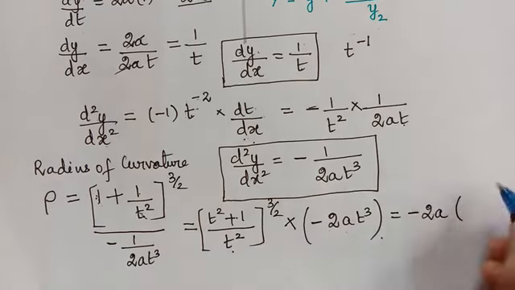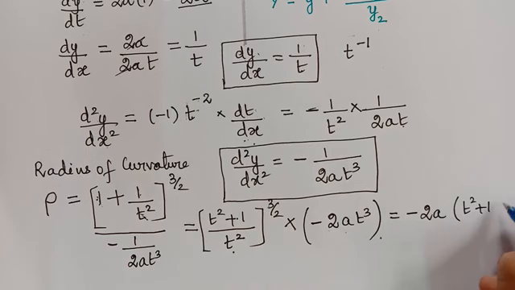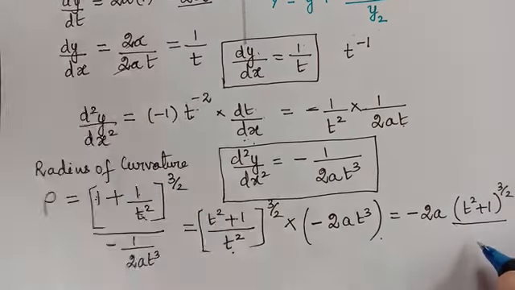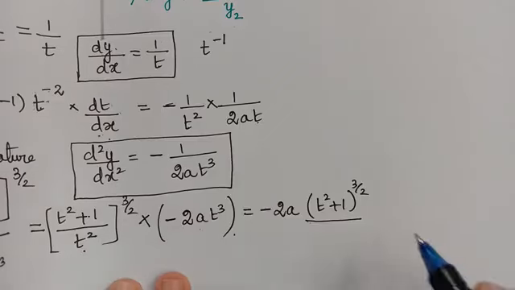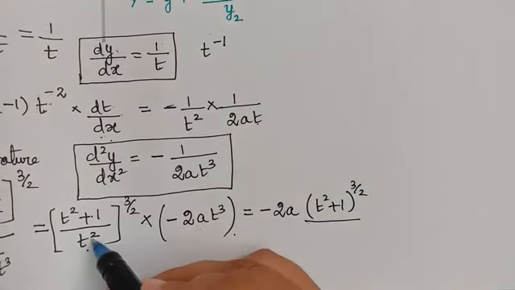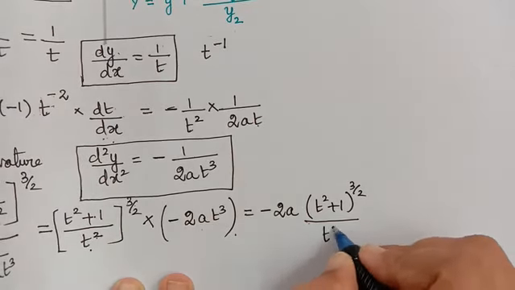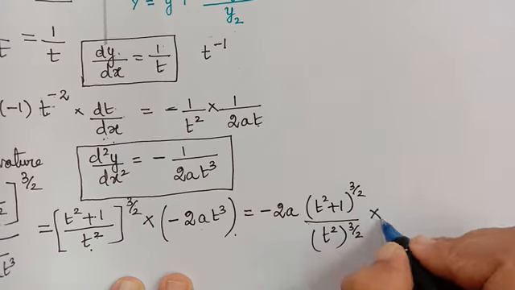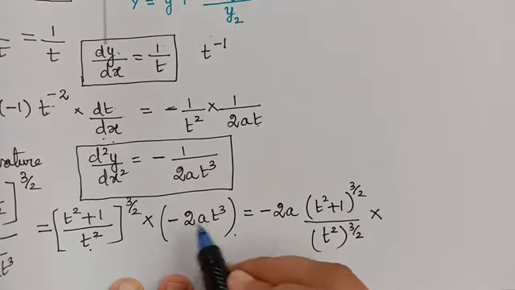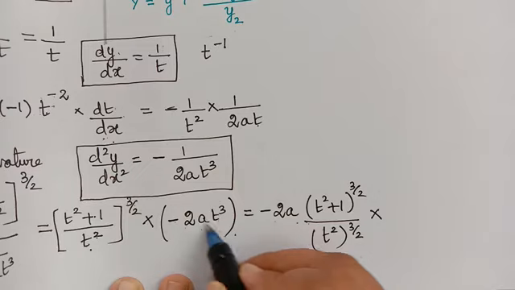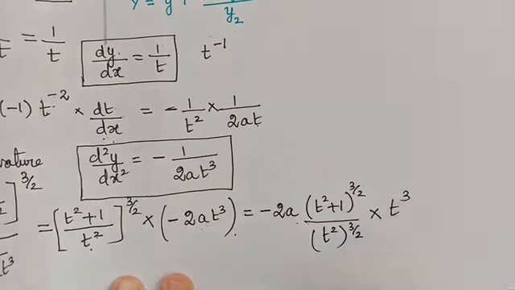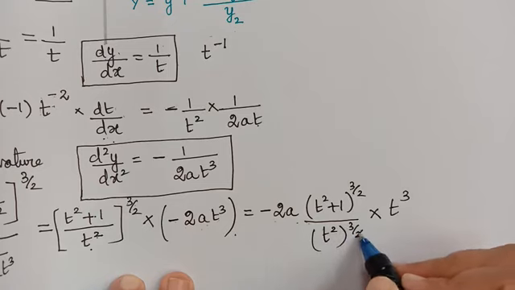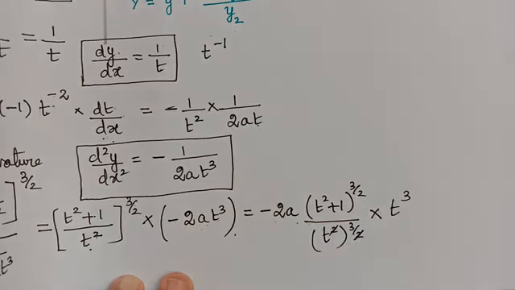So let us split it up. It will be t squared plus 1 to the power of 3 by 2 divided by t squared to the power of 3 by 2, multiplied with, since this negative 2a we have already taken in the front, we will be left with t cube. Now if you see here we have t squared to the power of 3 by 2, so this 2 and this 2 will get cancelled.